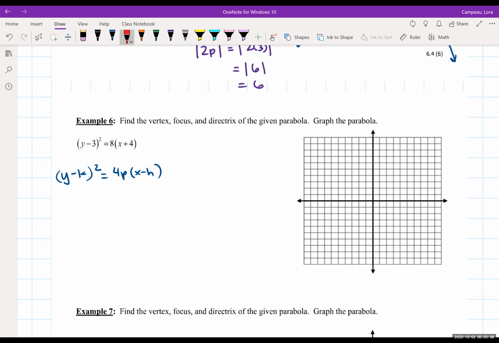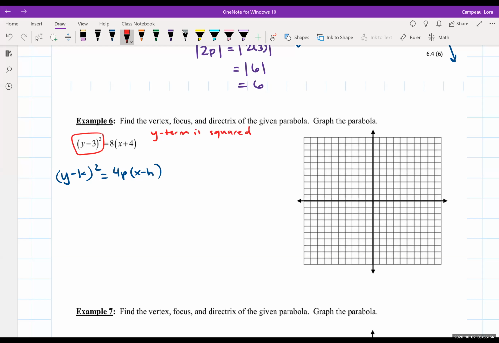And then that's kind of a heads up. If you all notice with me, you see that the y term is squared. And the x term is in a way linear.